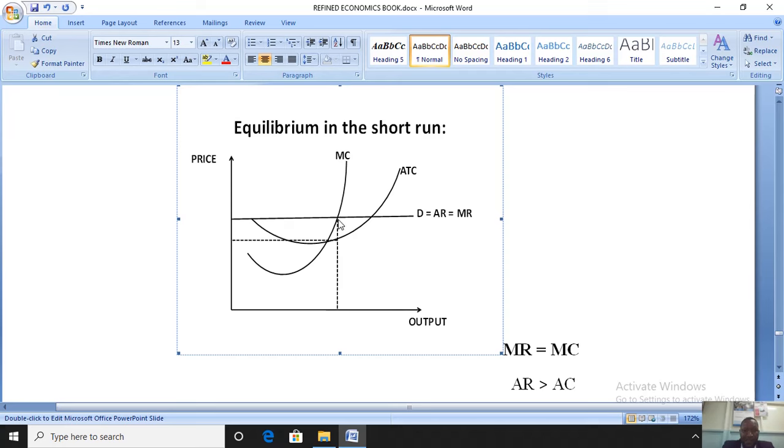So the supernormal profit gap is the point where AR intersects the profit maximization line, and the point where AC intersects the profit maximization line. So we have this gap here. That gap means supernormal profits area.